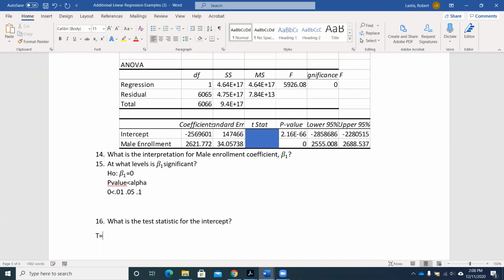For the intercept, that test statistic is going to be negative 2,569,601 divided by 147,466. And in my calculator, I should be able to reproduce this column, even if I wasn't able to see it.